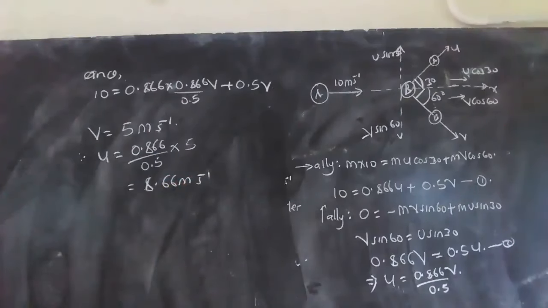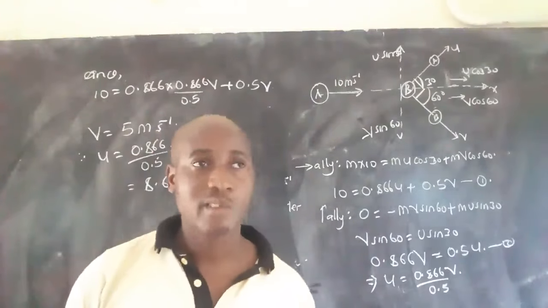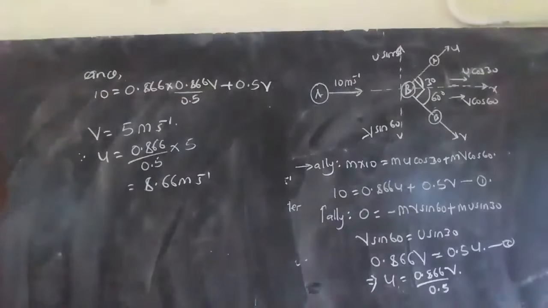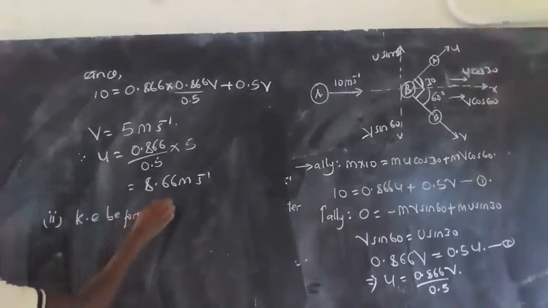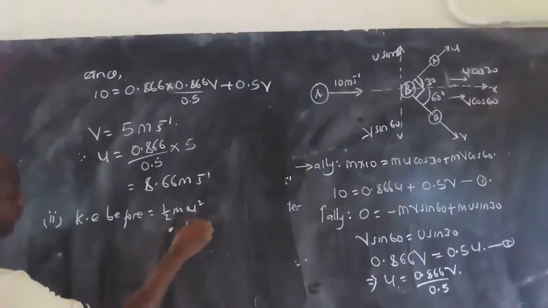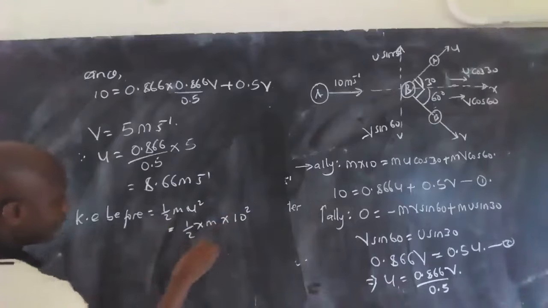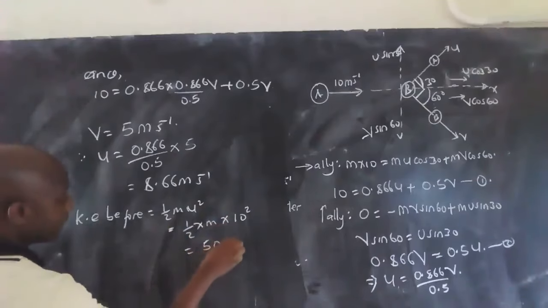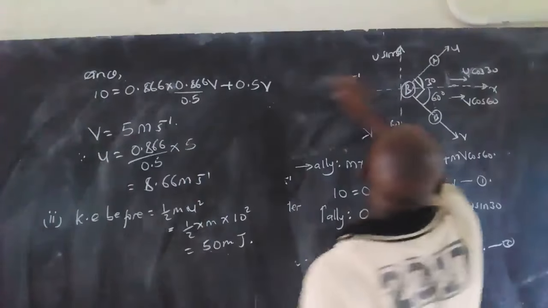Then what else? Determine whether the collision was elastic or not. So how do you do such? Now, first we shall say kinetic energy before is a half m u squared, which is a half times mass m times 10 squared, which gives us 50 m joules, okay? Then we go to the kinetic energy after collision.